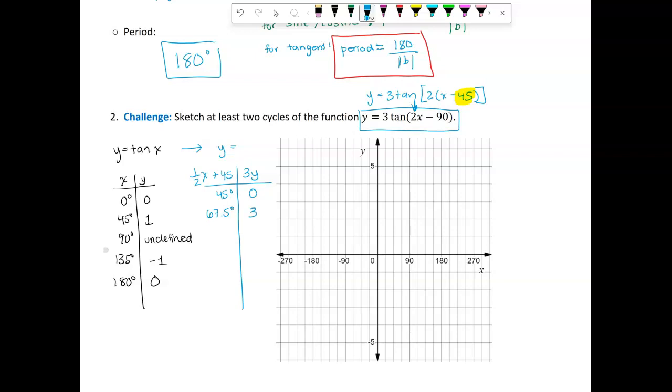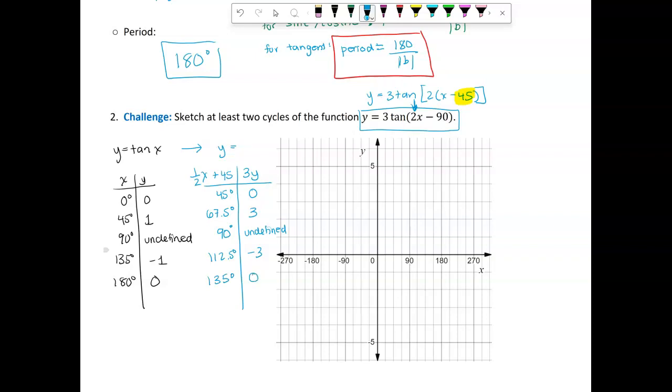At 90, cut in half, is 45 plus 45, you're back at 90 degrees, and it's still undefined, because undefined times 3 is still undefined. 135 cut in half plus 45 is approximately 112.5 degrees, and then 3 times -1 is -3. 180 cut in half is 90, 90 plus 45 is 135 degrees, and then 0 times 3 is 0.